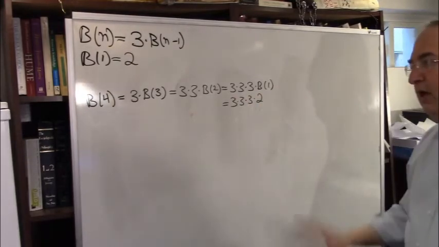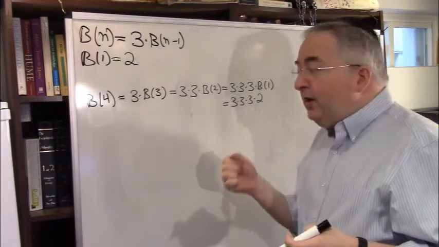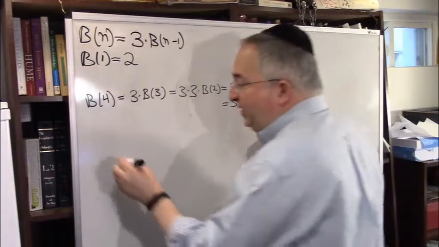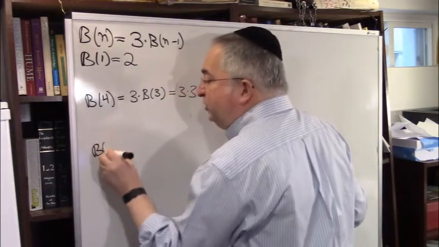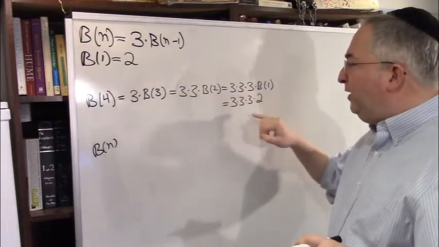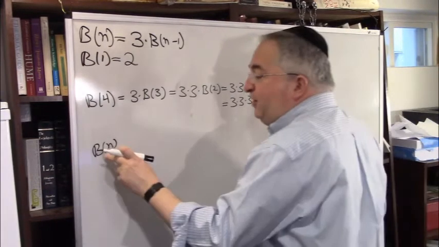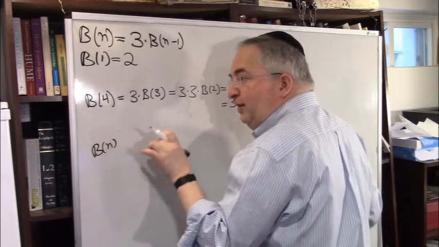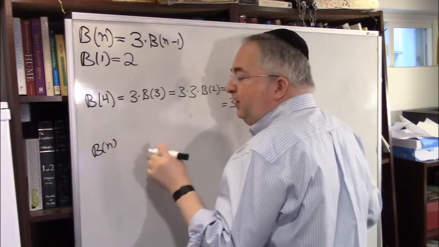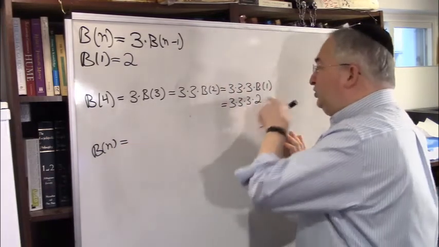Okay, good. That was a good warm-up exercise, and this is equal to something. I'm not interested in the value, but we use this now to figure out what B of n is, because what did we see happens here? Every time we go down 1, we multiply by 3. So if you're going to do a B of n, every time you go down by 1, you're going to multiply by 3. How many times do you go down from n to 1?